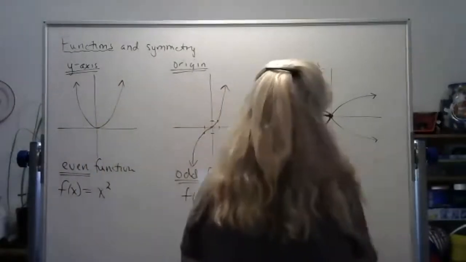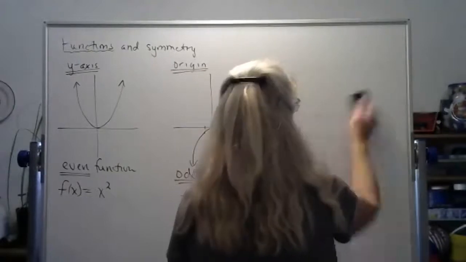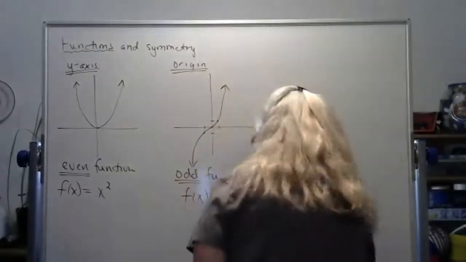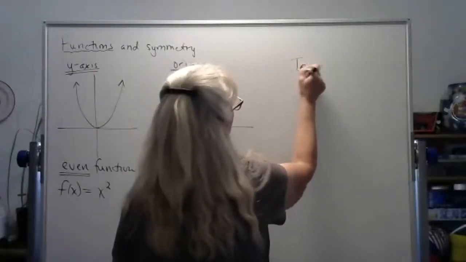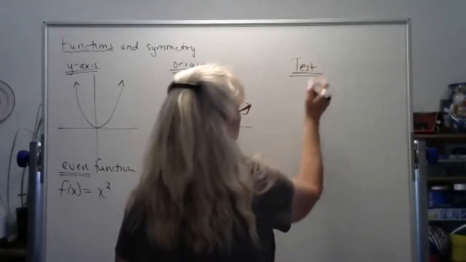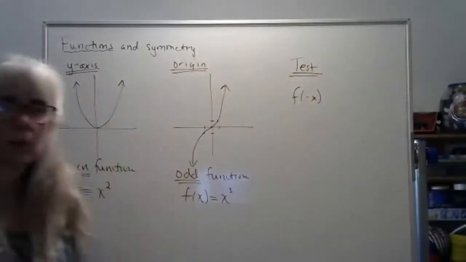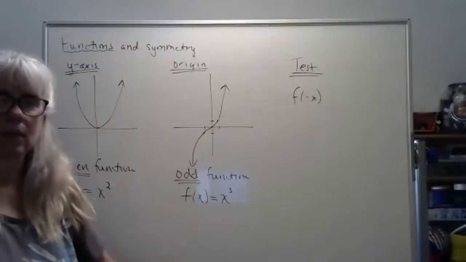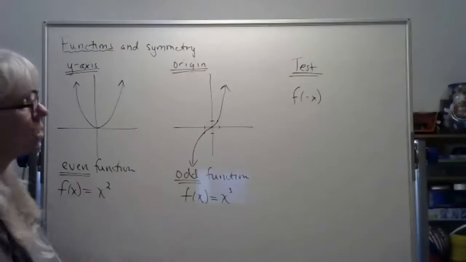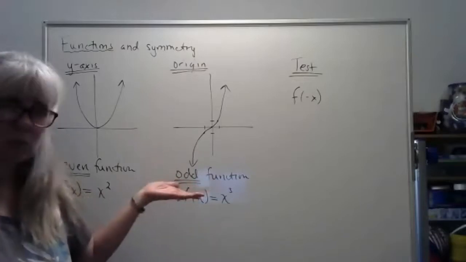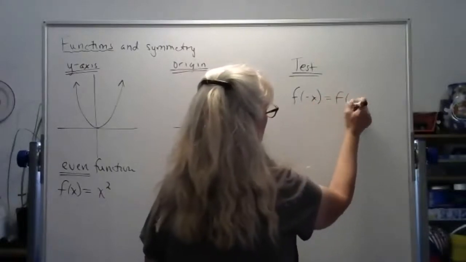But just like when we did symmetry, you won't always have a picture. Sometimes you're going to have the function itself. So we need a test for even versus odd. So the test is if you plug in a negative x, and remember that's what we did with the idea of symmetry. We replaced x with a negative x and y with a negative y. But because we're stuck in the function world, we're going to have to write it with function notation in terms of the test. So f of negative x is equal to the original function.